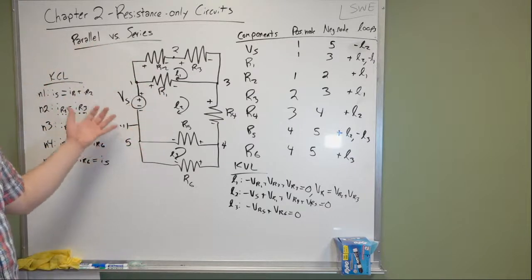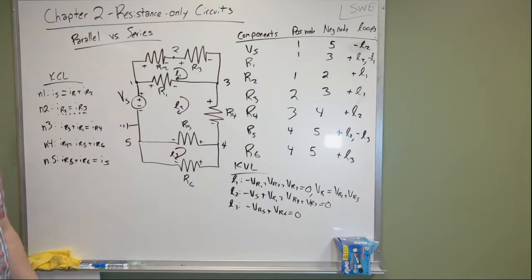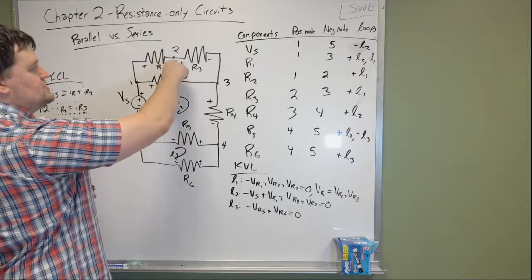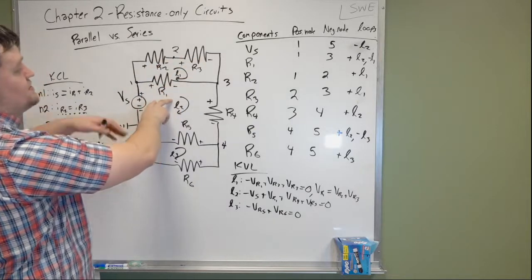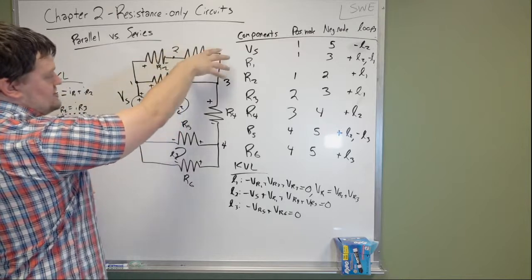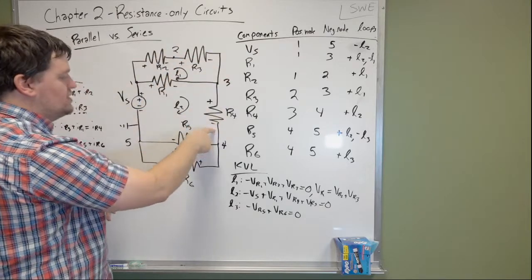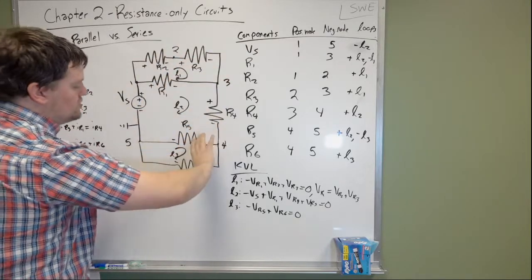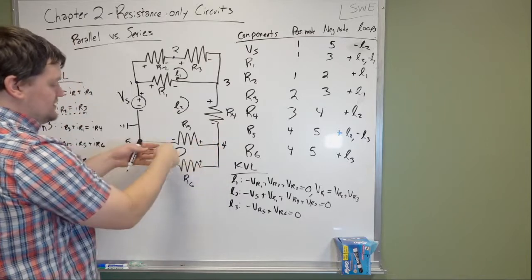We see it's flowing nicely. We can look in here and say these 2 components are in series. This is in parallel with these 2 components in series. All of this is in series with R4. This is in series with these 2 in parallel. These 2 are in parallel.